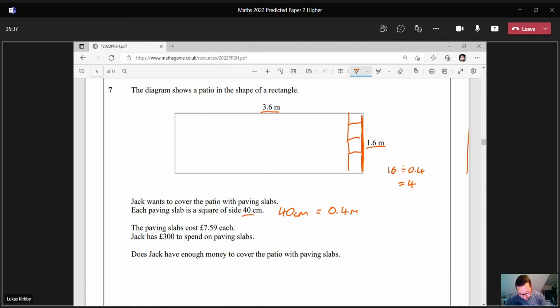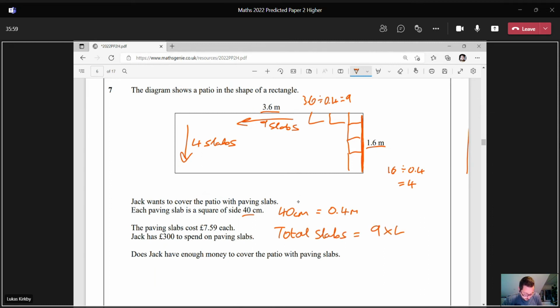And then similarly over here, 3.6 divided by 0.4 is 9. So I won't do this all, but the idea is we'll get 9 slabs across and 4 slabs down. So total number of slabs is going to be 9 times 4, which is 36. And then we want to work out how much they cost.